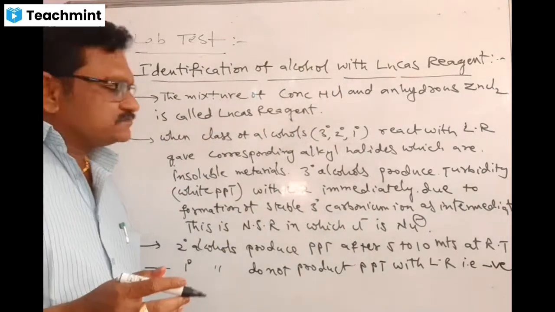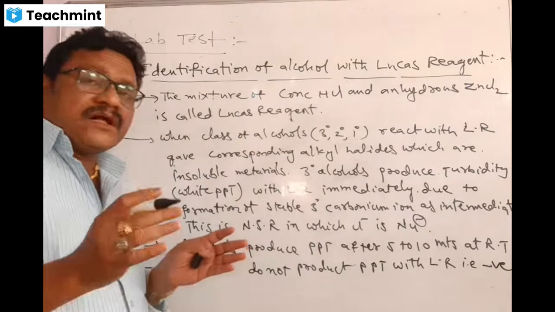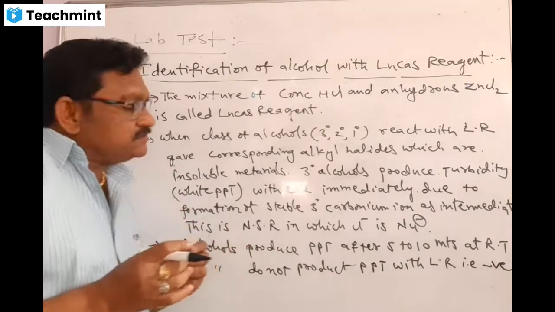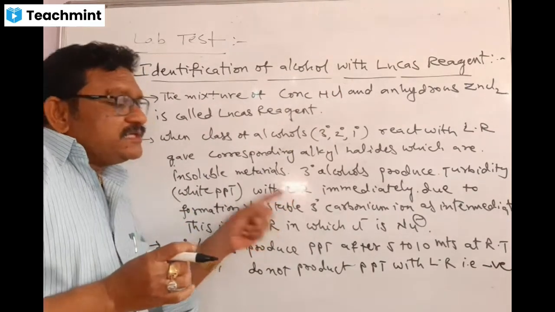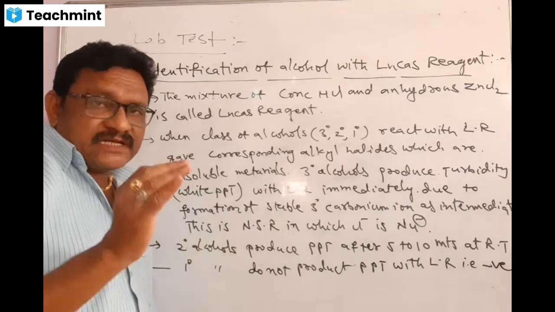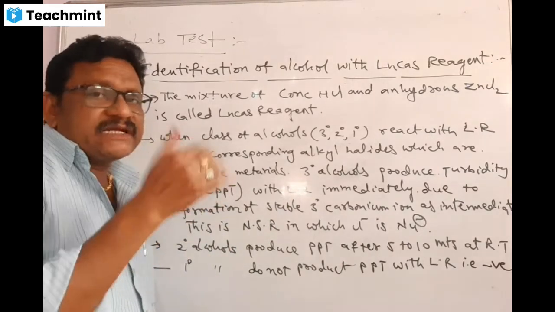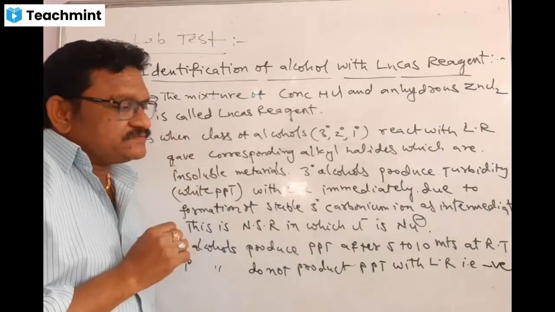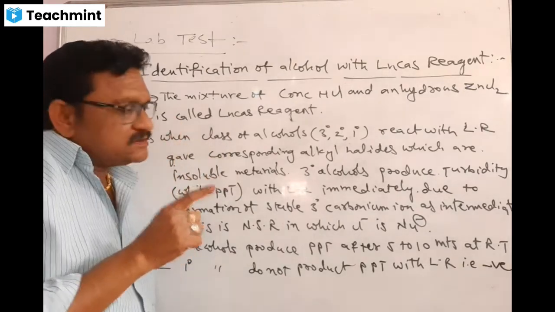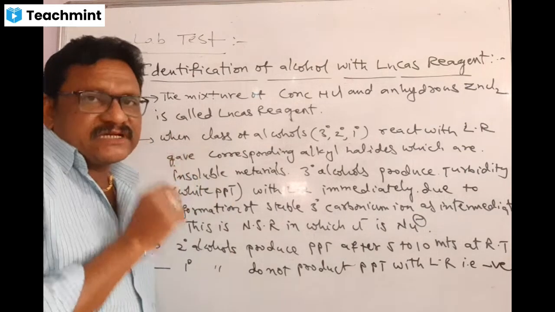So here, I think you all understood. The rate of reaction of tertiary alcohols is more than that of secondary and primary alcohols. Why? Because there is a formation of stable tertiary carbonium ion.